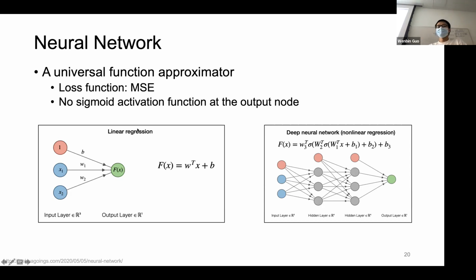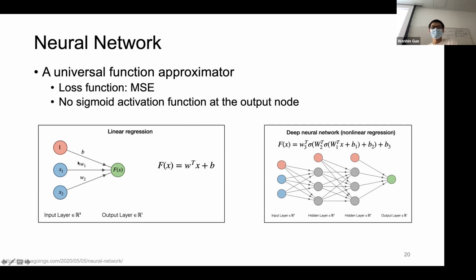When we talk about neural networks, I always want to compare them with the very simple models we have learned. For example, for classification, we compare the neural network with logistic regression. And for this part, we can compare it with linear regression.